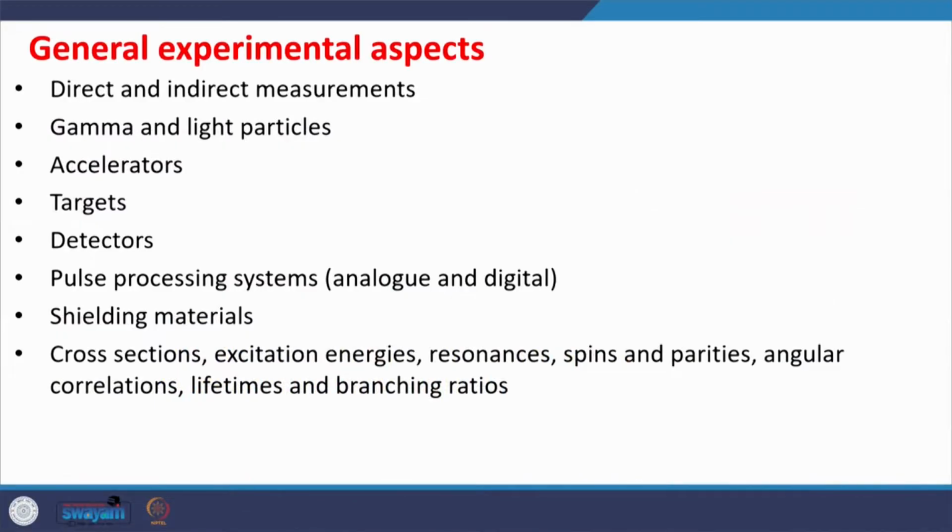What exactly do we measure from all these nuclear reactions which are relevant for astrophysics? Of course, the fundamental quantity is the reaction cross section, and many a times we want to measure the excitation energy. How do you measure the excitation energy of the nucleus after the reaction is formed? And if it has some resonance, then what are the energy levels which are giving rise to the resonance?